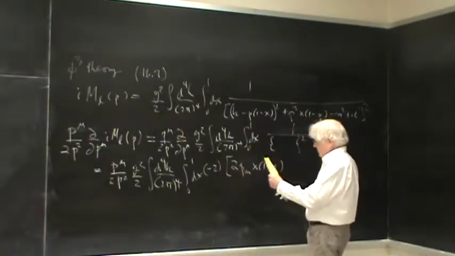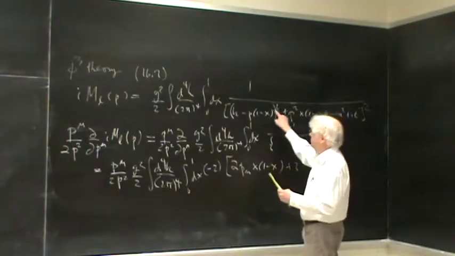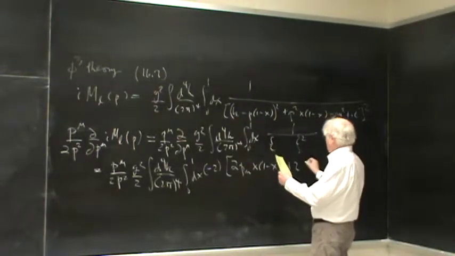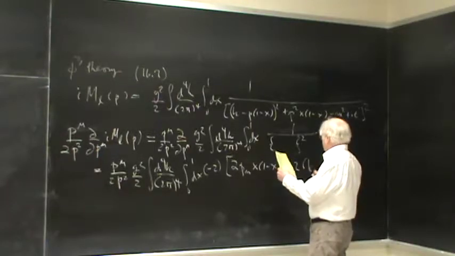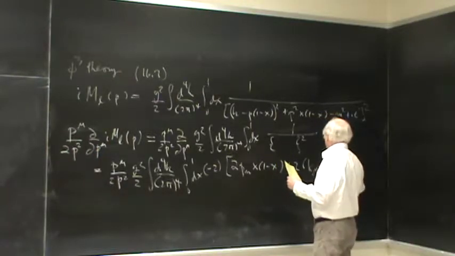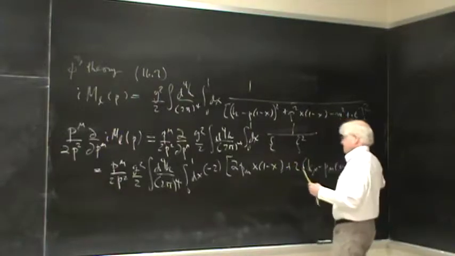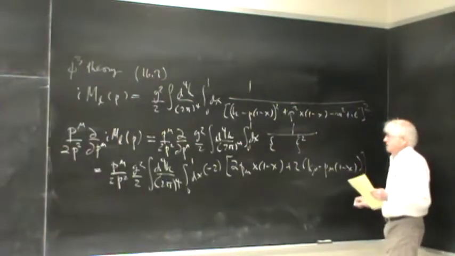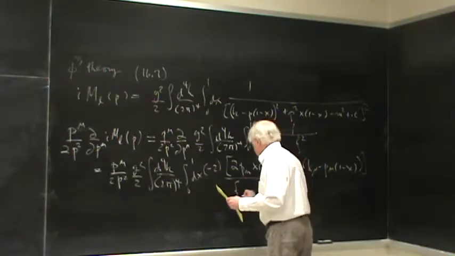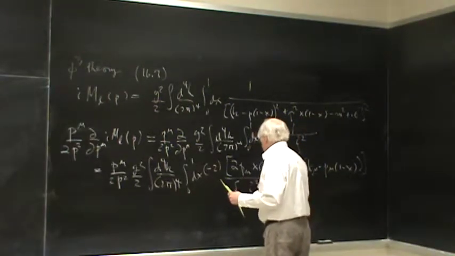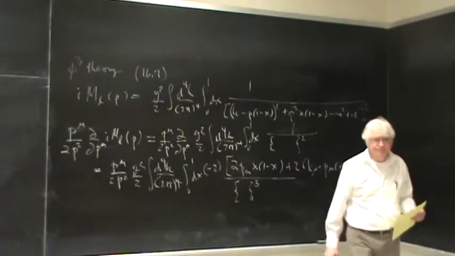And then the derivative of this thing is a 2 from that, and what's left is k mu minus p mu (1 minus x). And what do we have in the denominator? We have the same old denominator but now cubed.